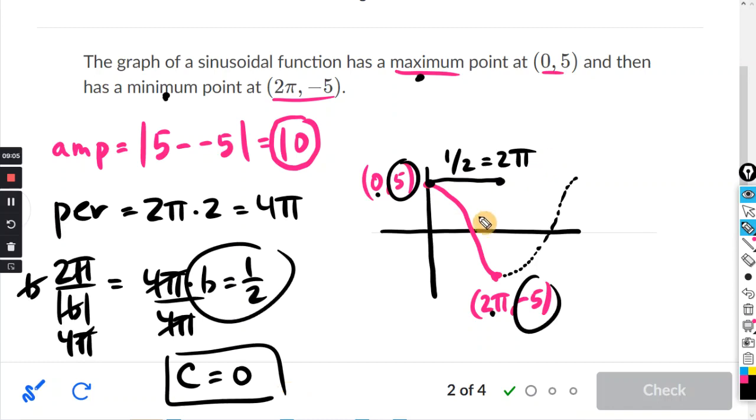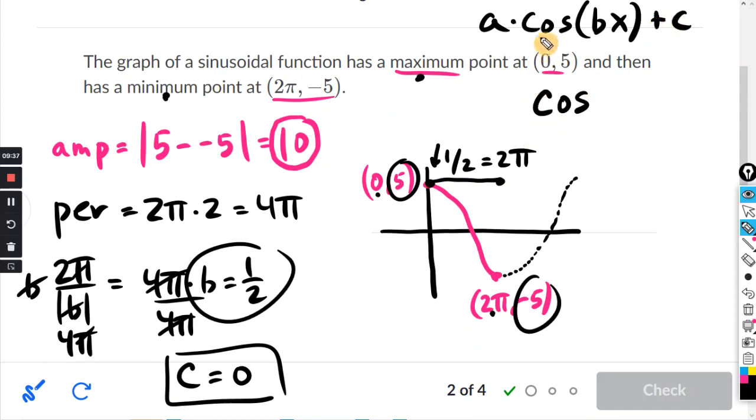The only thing I didn't do now is state if it were sine or cosine. You should have your sine and cosine graphs handy while you're doing these problems. But the one that starts at a max and then heads to the midline and to the min, that is a positive cosine. So the formula we're looking at is A cosine of bx plus c.